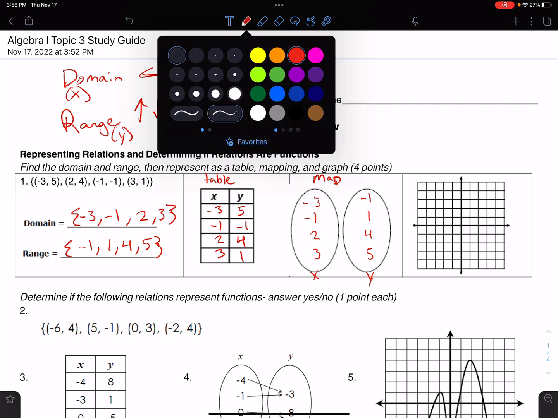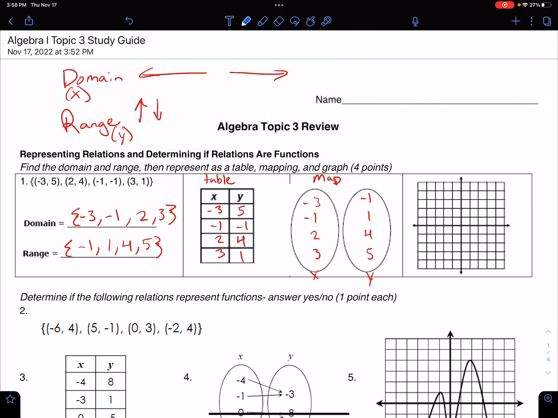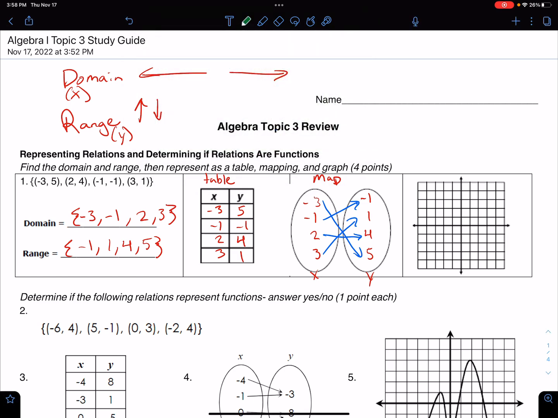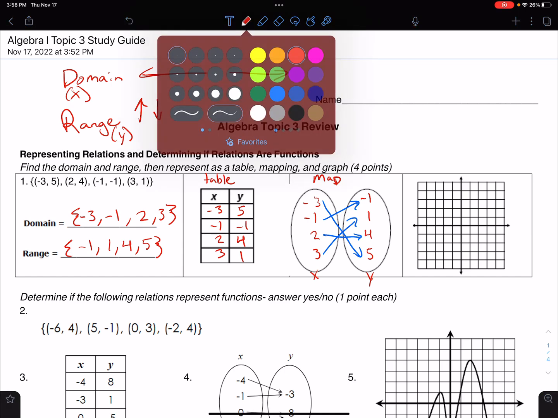I then draw lines from which x's go to which y's. So I say -3 goes to 5. I say -1 goes to -1. I say 2 goes to 4. And I say 3 goes to 1. And that's my map.